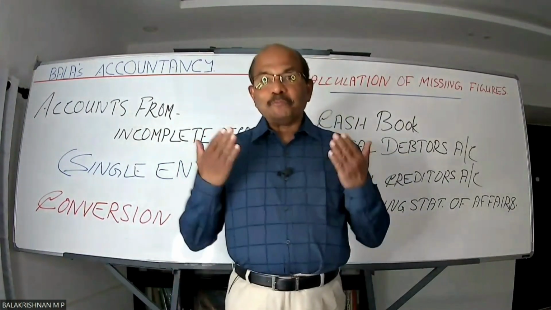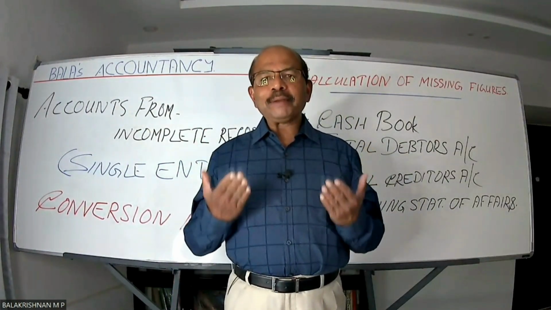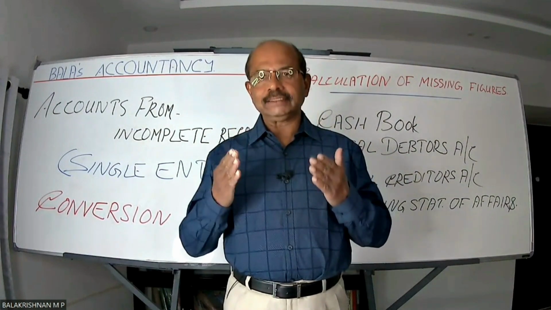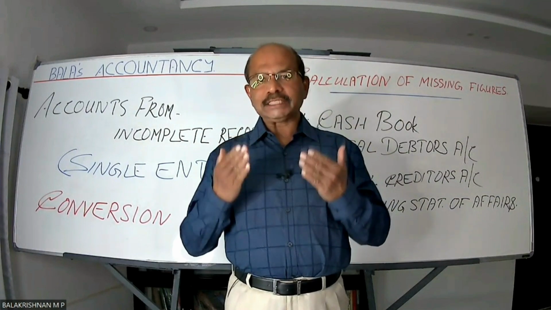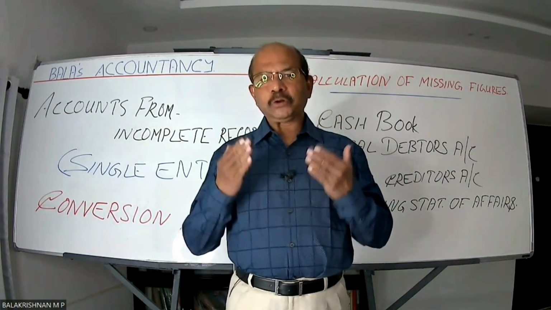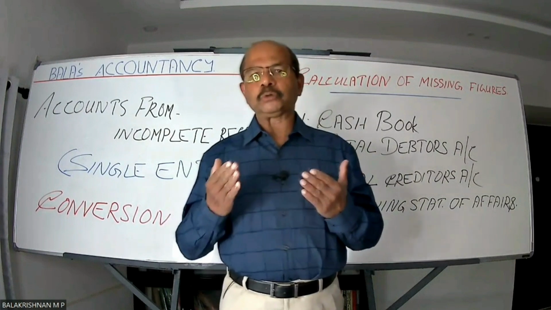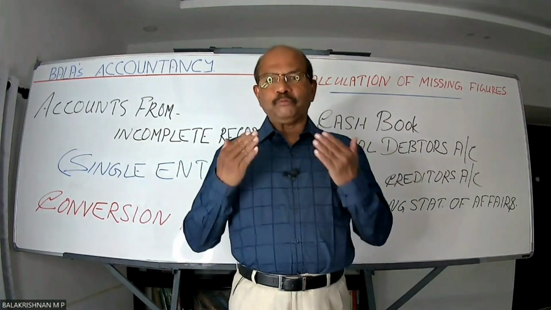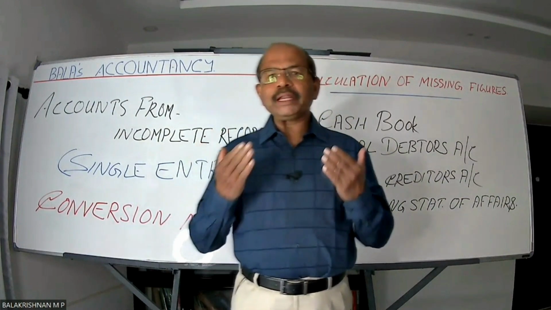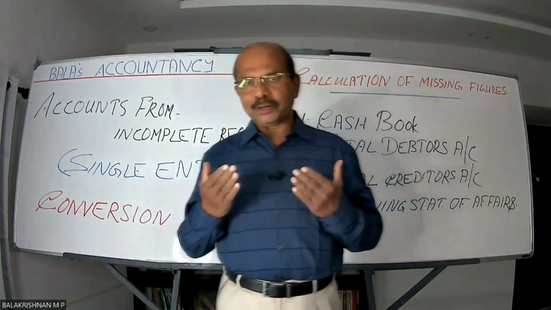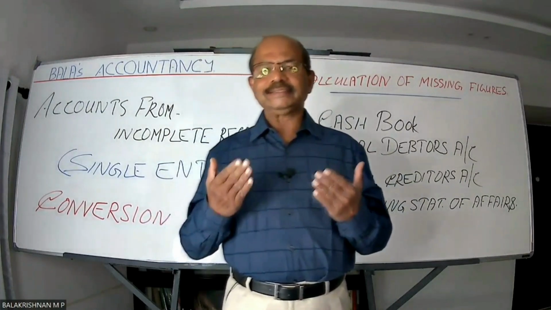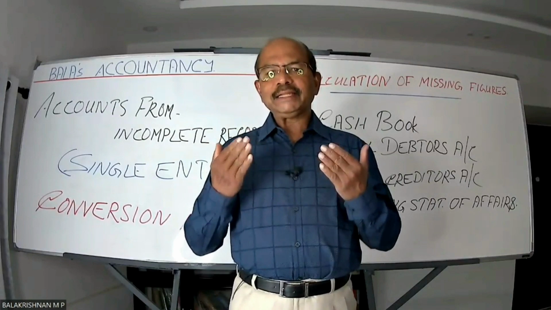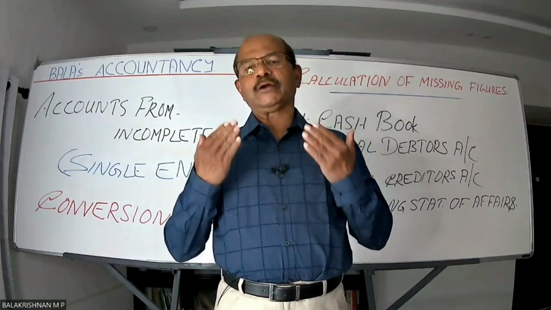We have posted the corresponding double entry aspect of the bill receivable account in other accounts such as the total debtors account, cash and bank account, and the total creditors account also. I repeat, item number 2, we have posted the corresponding double entry aspect in those accounts.